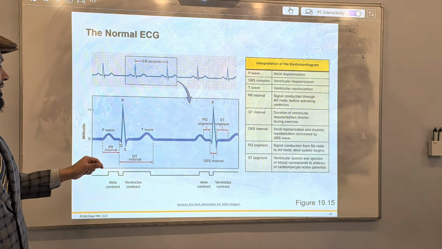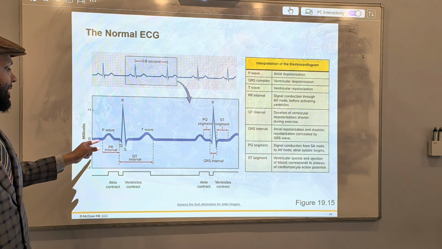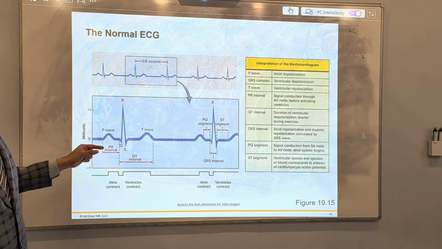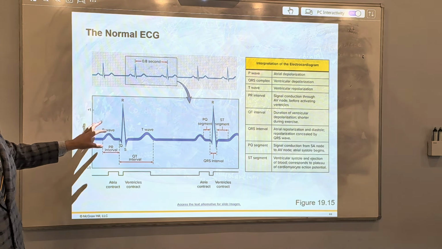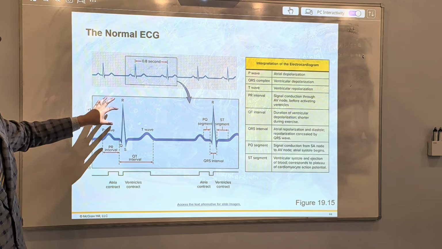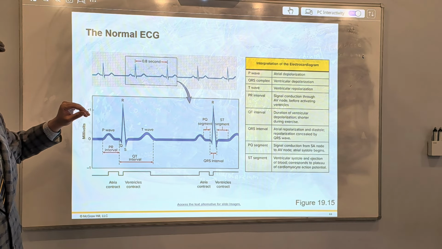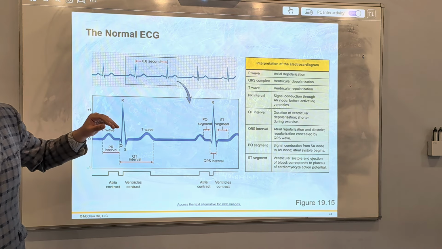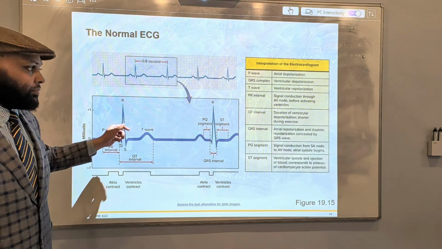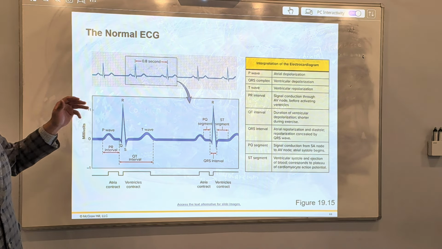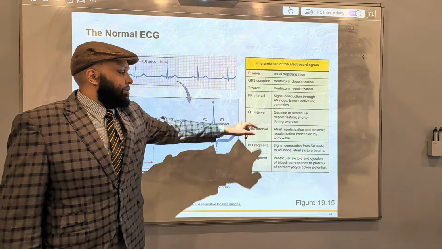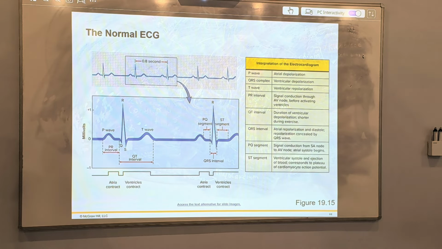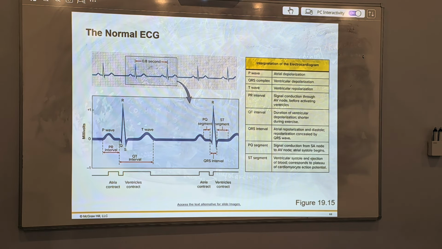And then we have the PR interval, which represents the signal conduction through which the AV node is about to send stimulation to the atrioventricular bundles. And the QT interval represents the duration of ventricular depolarization, and it's shorter during exercise.